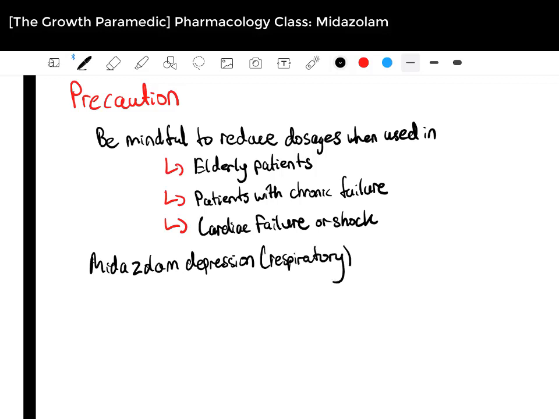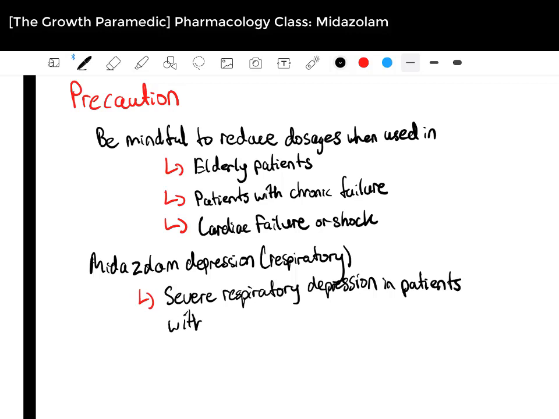So one group in particular you should be mindful of is that there can be severe respiratory depression in patients with chronic obstructive pulmonary disease, with COPD.